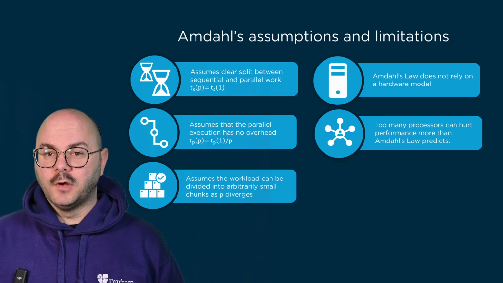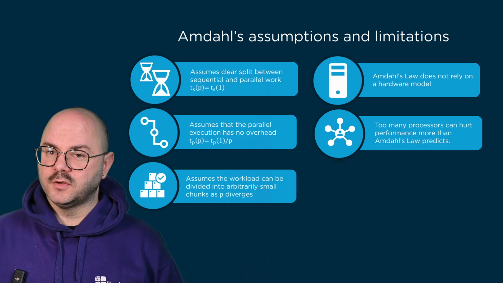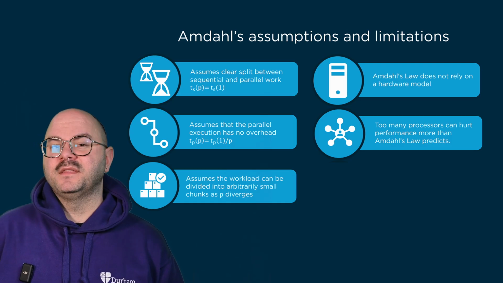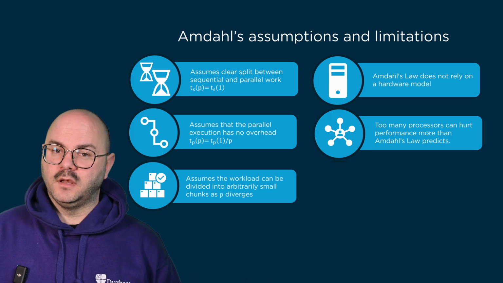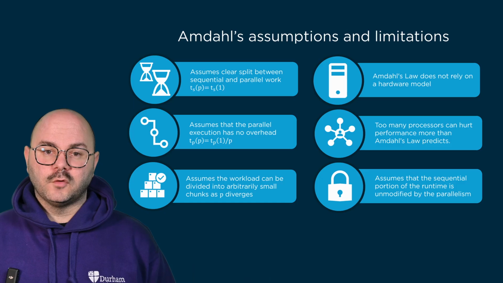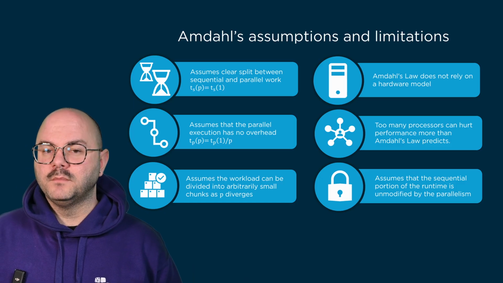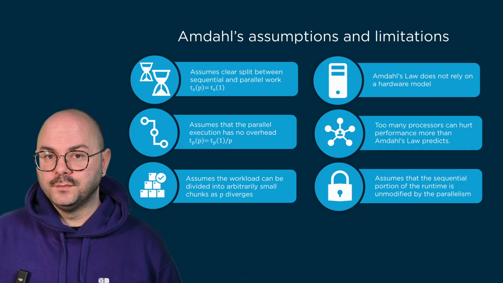Likewise, for very many processors, we may find a worse outcome than Amdahl's law of diminishing returns. Indeed, we may find that the overheads of parallelism cause an asymptotic slowdown compared to Amdahl's law. Further, Amdahl's law assumes that the sequential portion of the runtime is unmodified by the parallelism. In practice, this is often untrue.